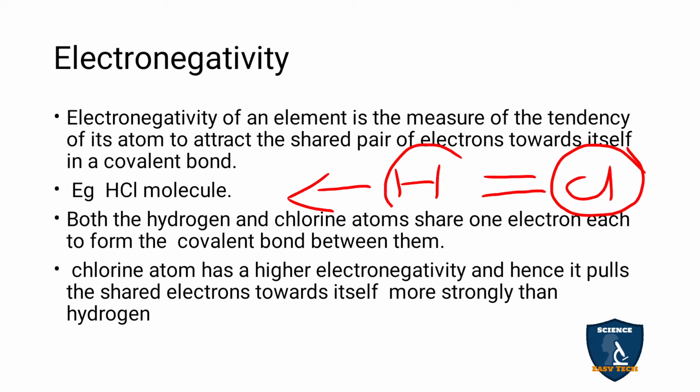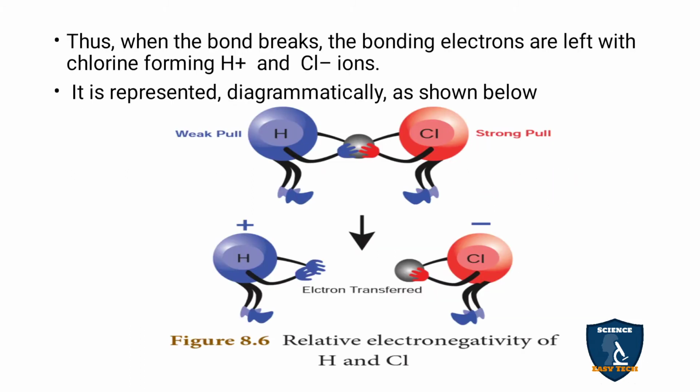So hydrogen is weak, but chlorine is stronger because of high electronegativity. Thus, when the bond breaks, the bonding electrons are left with chlorine, forming hydrogen plus and chlorine minus ions.